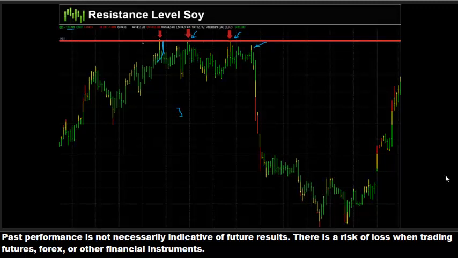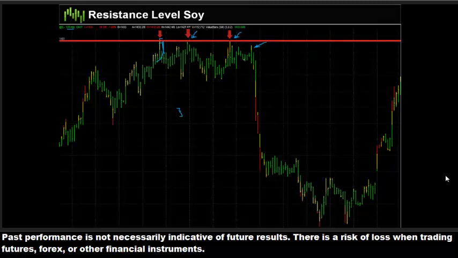But in that general area, a point or 2 above and a point or 2 below, that's a pretty strong resistance level. So I would say around 1482 and 1479 is going to be your resistance. A lot of times it's not going to be an exact price. It can be, but in the general area.